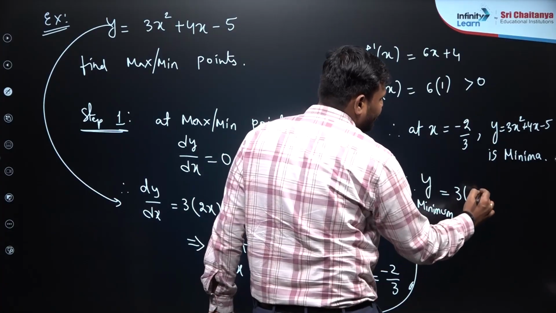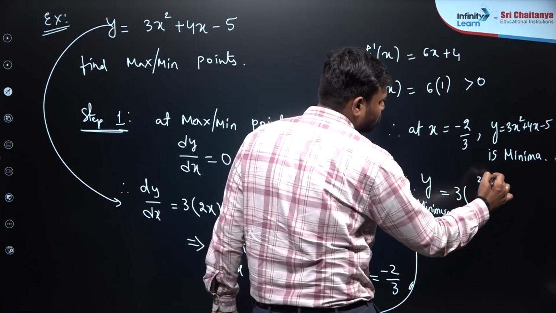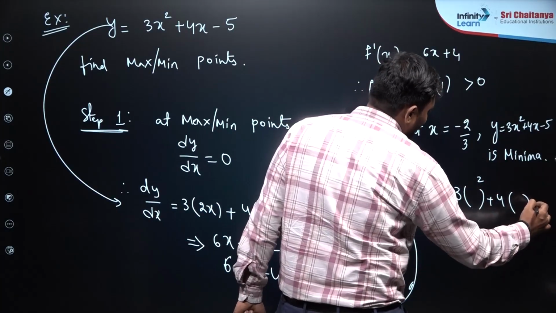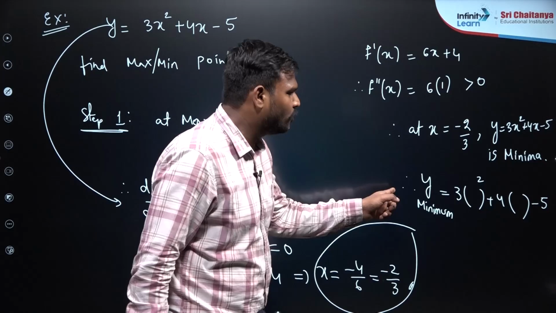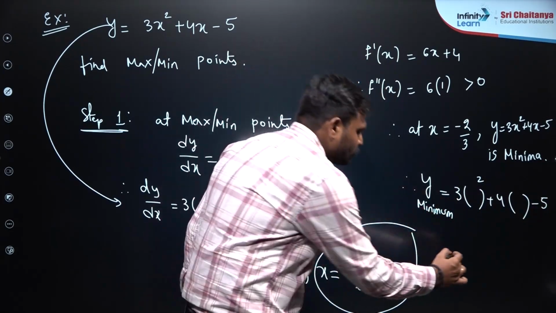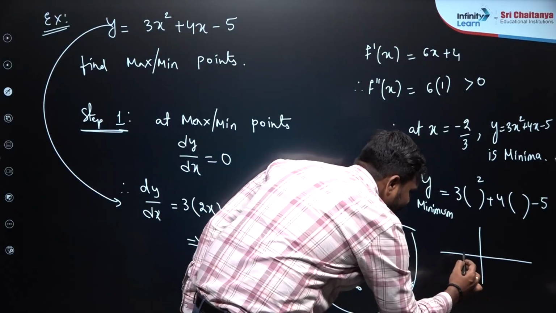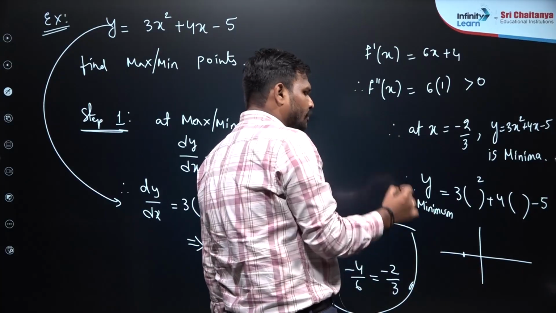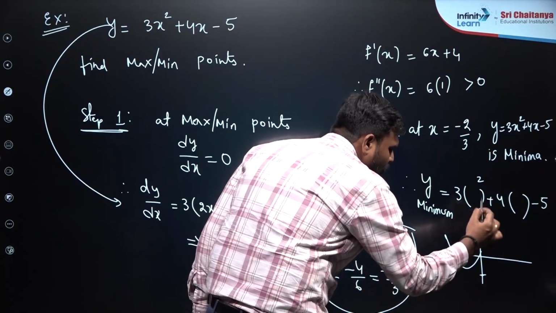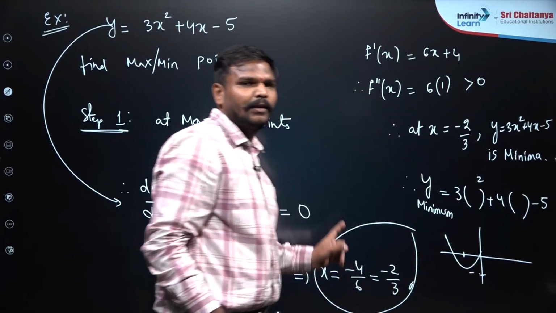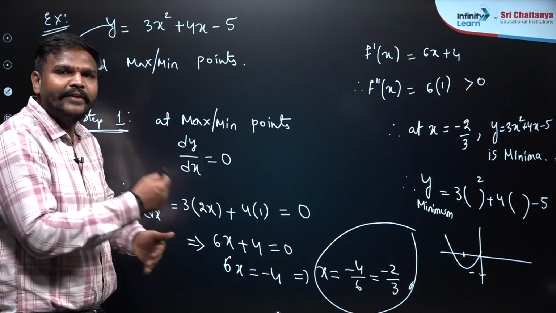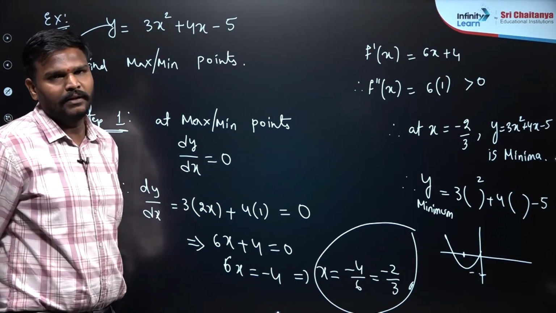It is 3 into minus 2 by 3 whole square plus 4 into minus 2 by 3 minus 5. So when you substitute all these values, you will get the minima value. So in the graph, at x is equal to minus 2 by 3, it will be minima, and that value also we will get with the help of this process. Is that clear?